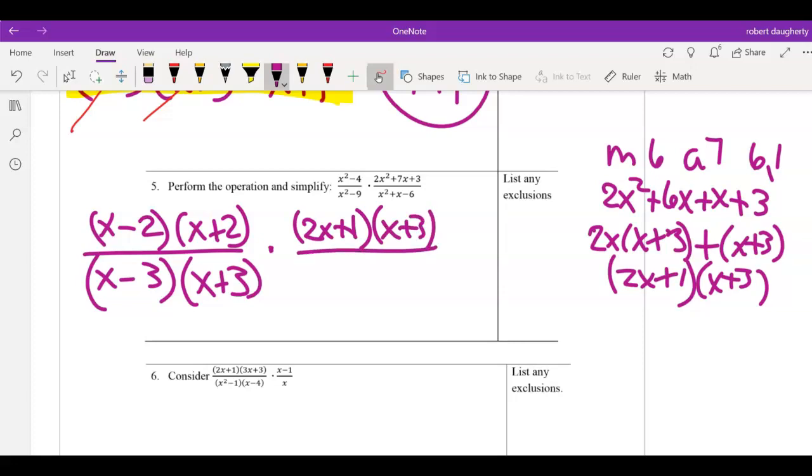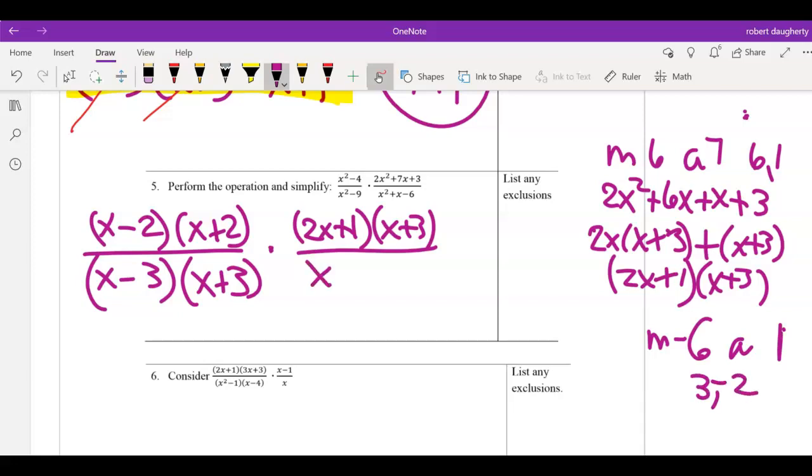And then you see x squared plus x minus 6. Are there two numbers that multiply to negative 6 and add to positive 1? That's going to be a 3 and a negative 2.